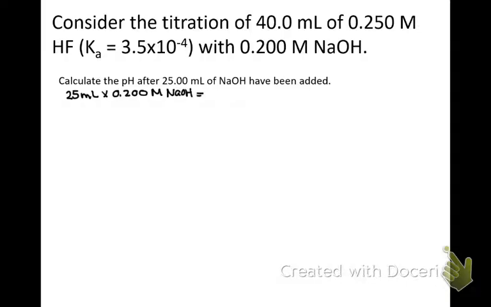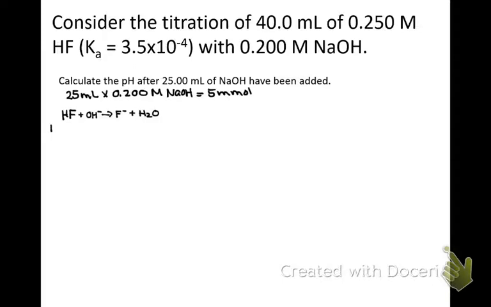That gives us 5 millimoles of OH minus. So let's put that into the first part of our problem, which is the neutralization reaction. So HF plus OH minus goes to become F minus and water.